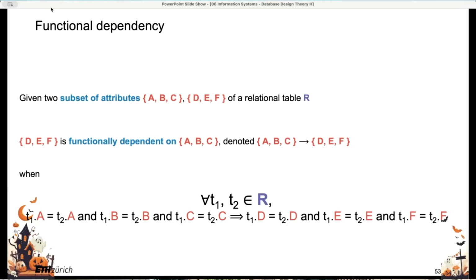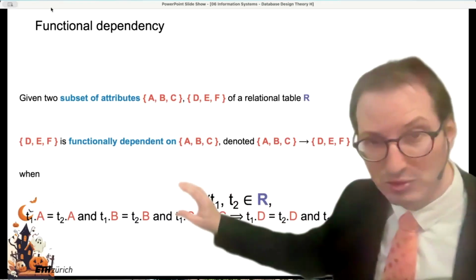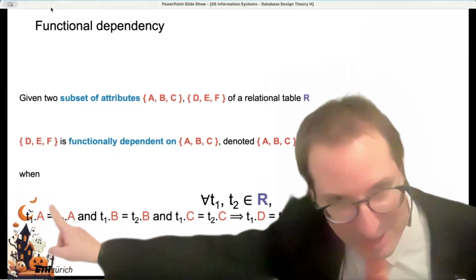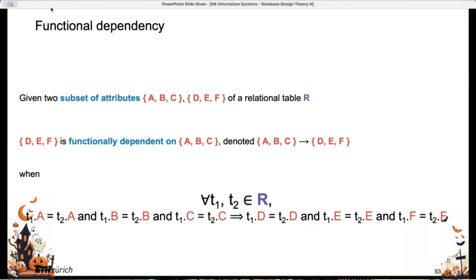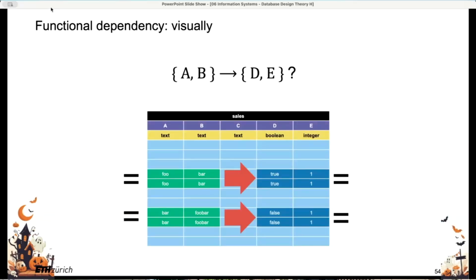What that tells me is that if I ever find tuples in my table that match on A, B, and C, they have the same values for A, B, and C, then I conclude that they must also have the same values for D, E, and F, right? So we say that D, E, and F are functionally dependent on A, B, and C.